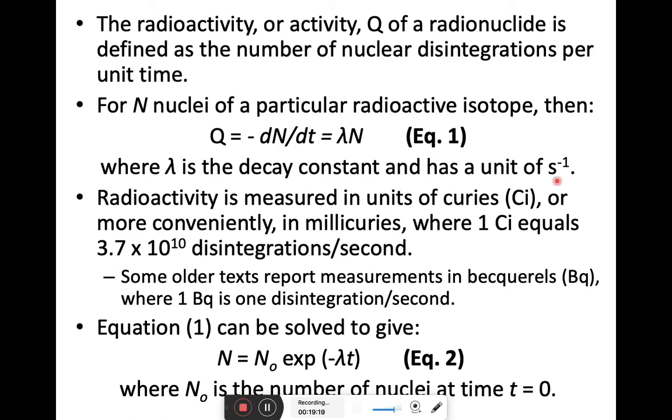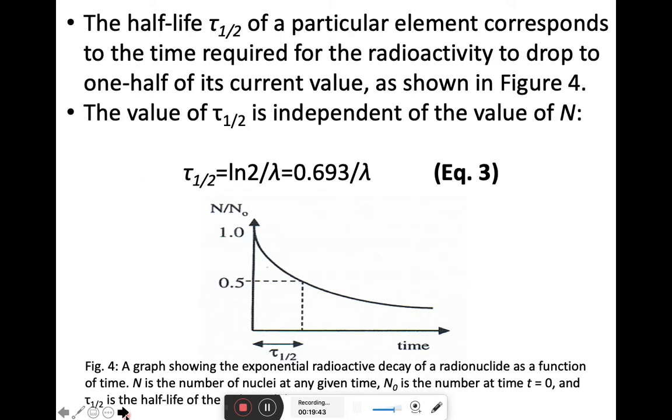Equation 1 can be solved to give another equation, which is N equals N naught exponent negative lambda t. Here, N naught is the number of nuclei at time t equals 0.